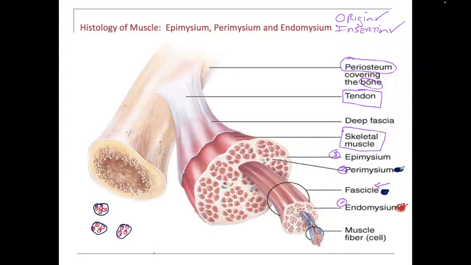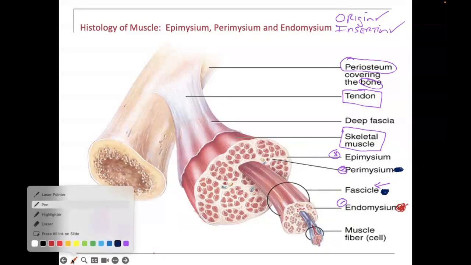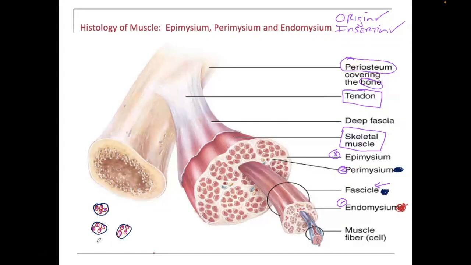So I'll put them the same color. And then let's use green here. Then we'll have a layer that groups all of these together, and that will be the epimysium, the green. Epimysium.